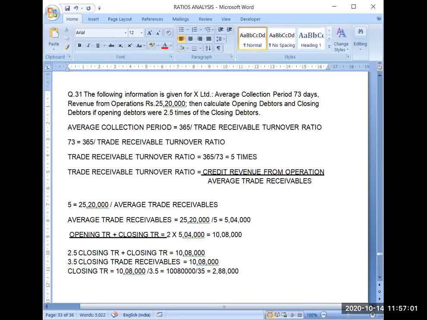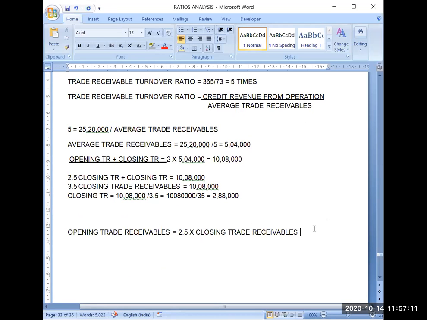Now the value of closing trade receivable is known, so I can calculate opening trade receivable also, and that I know the equation. This equation I will be using now. So opening trade receivable is equal to 2.5 multiplied by 2,88,000. If I will multiply it by 2.5, first multiply it by 2.